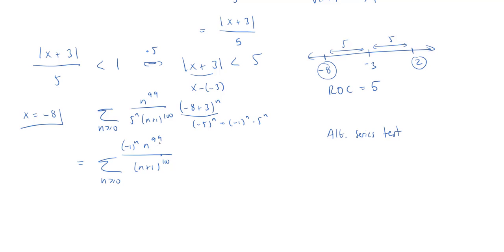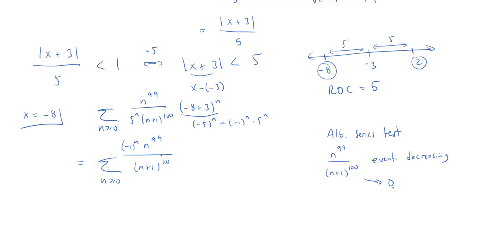If we get rid of the alternator and just look at the underlying sequence, n to the 99th over (n + 1) to the 100th, we need this to be eventually decreasing, and we also need it to converge to 0.